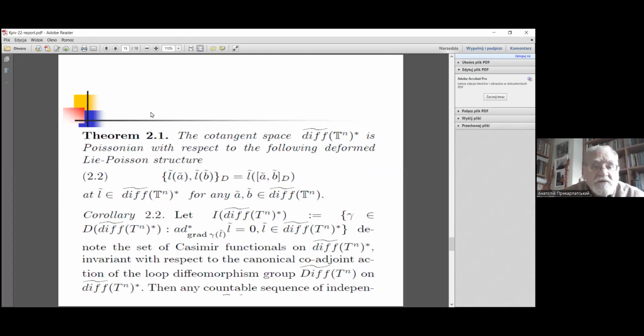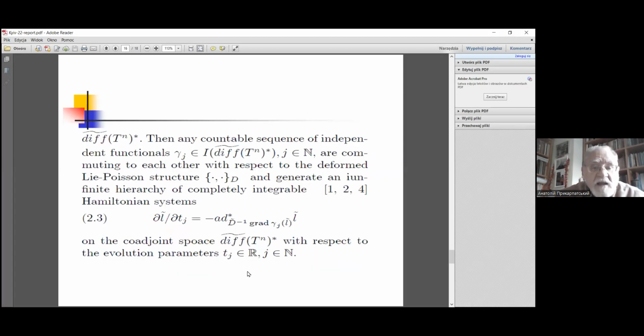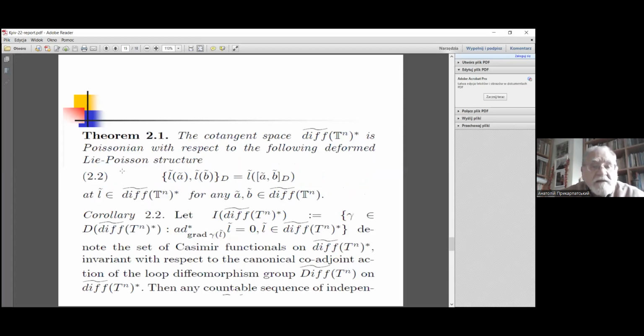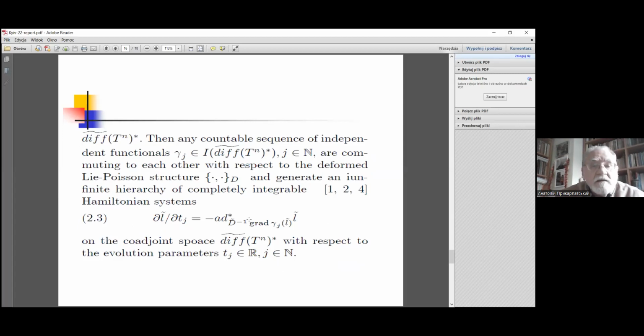So you see, we have this Lie-Poisson structure, and we can prove that all these functionals are commuting to each other, and generate an infinite hierarchy of completely integrable Hamiltonian structures.